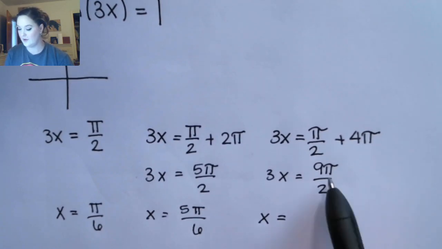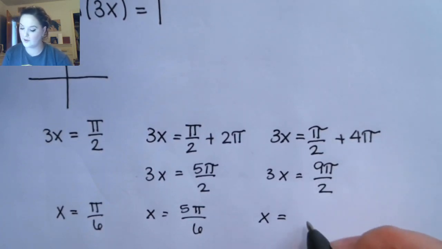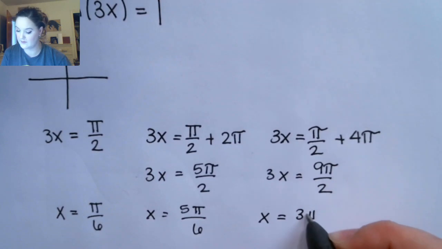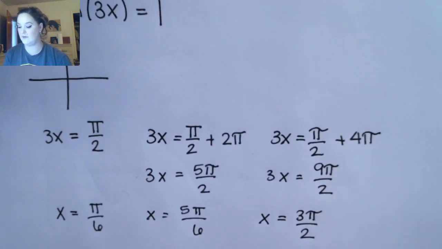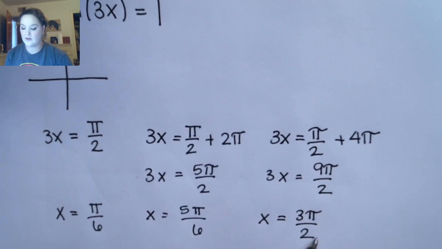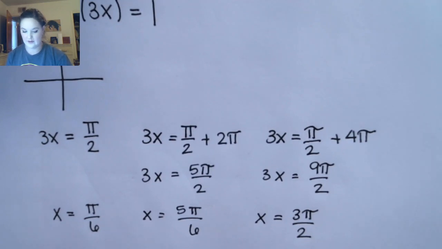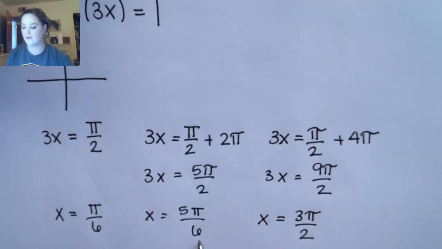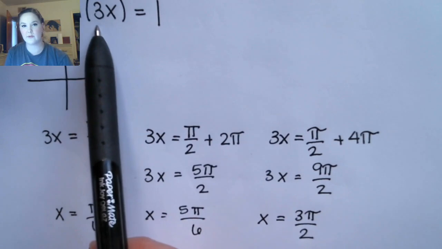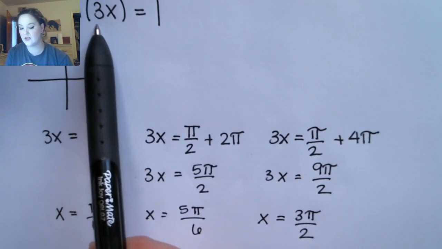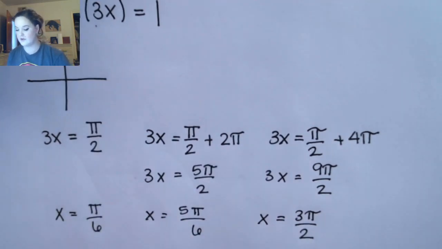Now when you divide by 3, you can reduce this. And when you check, these really are between 0 and 2 pi. So remember we have 3 solutions because of this 3 here. You get 3 times the traditional solutions.